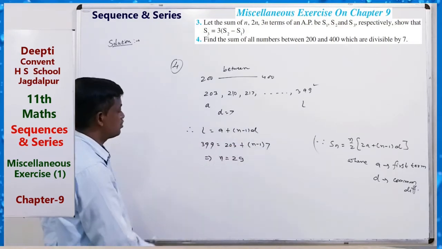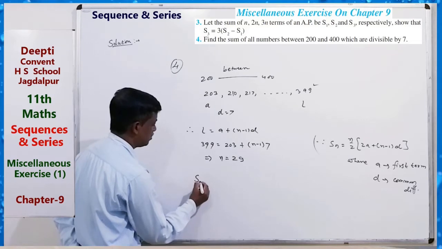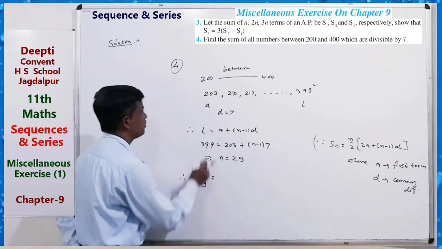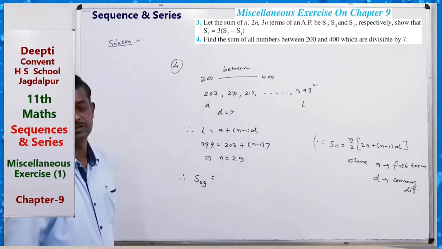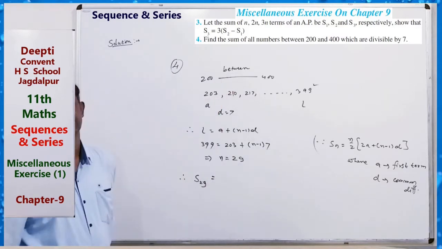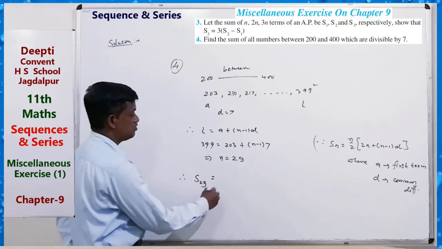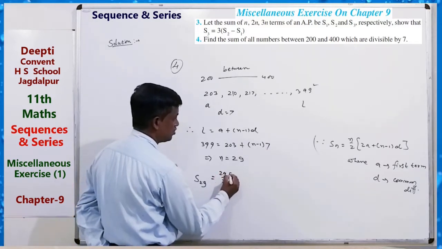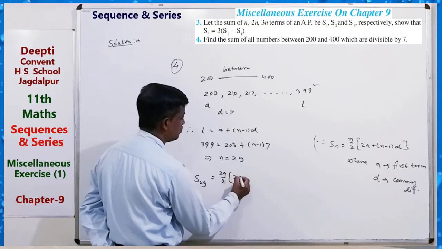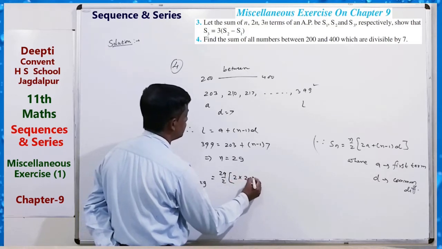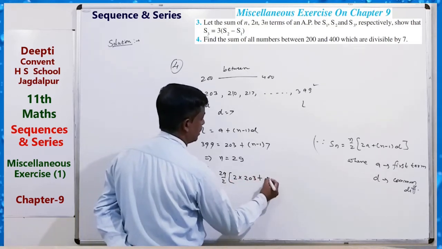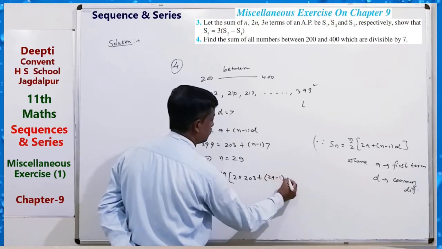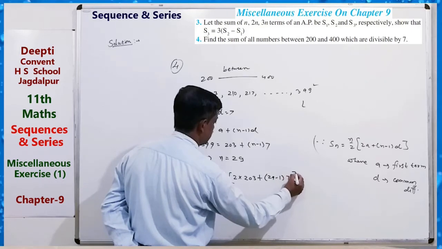As n equals 29, we find the sum of these numbers. There are 29 numbers, so S29 equals, you know the formula, 29 by 2 into 2 into 203 plus 29 minus 1 into 7.